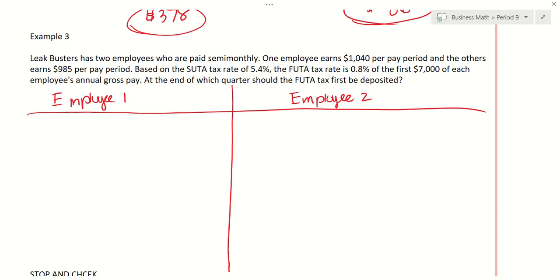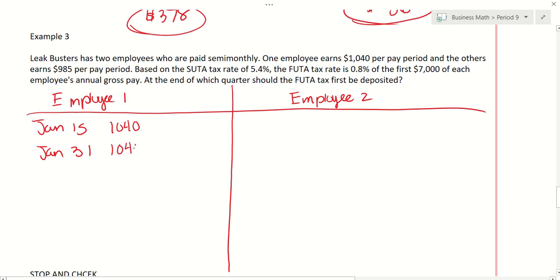They get paid semi-monthly, so you think about it, they're going to get paid January 15th and January 31st. Employee 1 makes $1,040 every paycheck. Employee 2 makes $985 every paycheck.